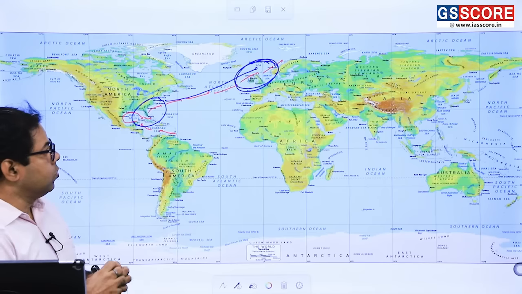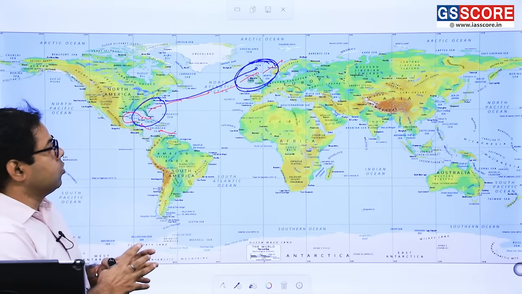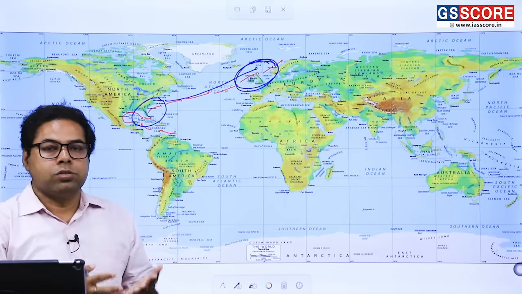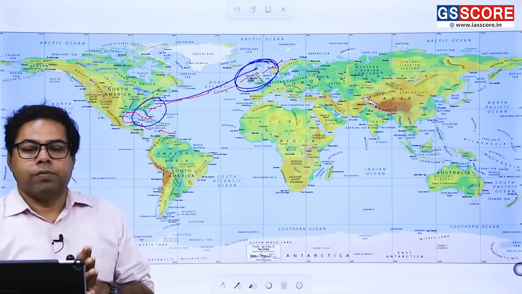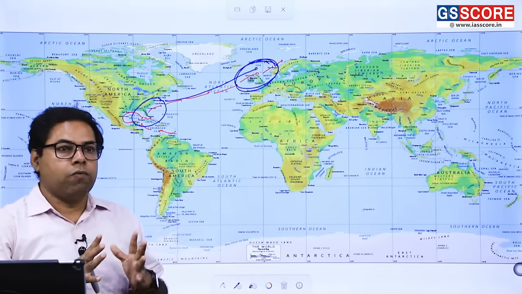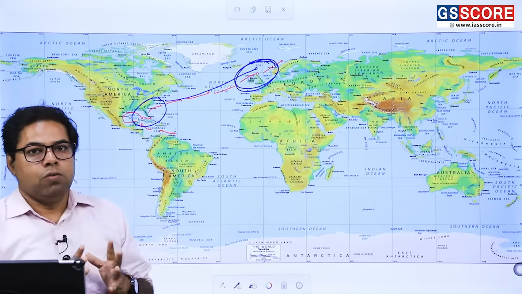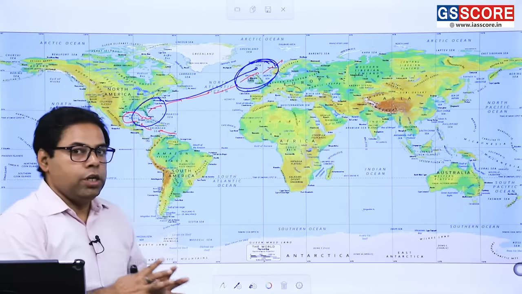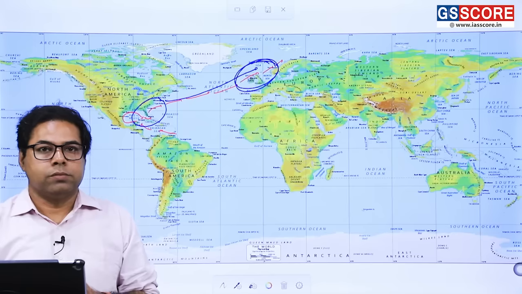That is called a heat wave. So ocean currents are a very important factor for the marine heat wave.